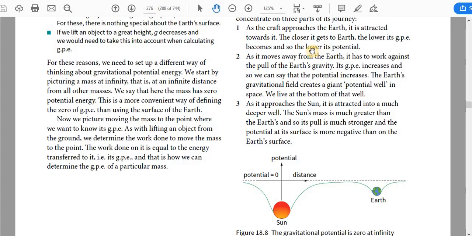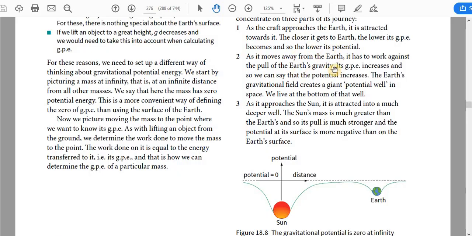As the craft approaches the earth, it is attracted towards it. Because the earth's gravitational field will attract the aircraft as it has a mass. The closer it gets to the earth, the lower its gravitational potential energy becomes, and so the lower its potential.